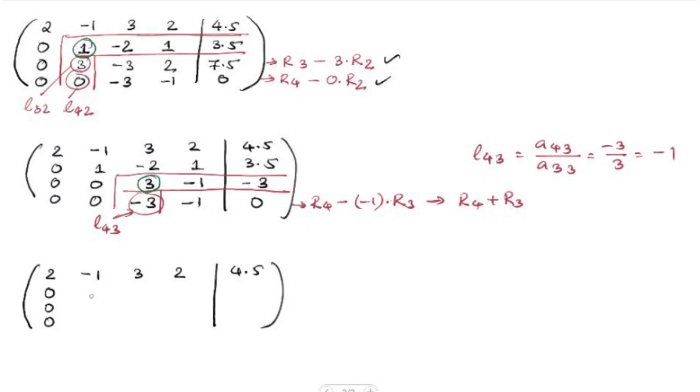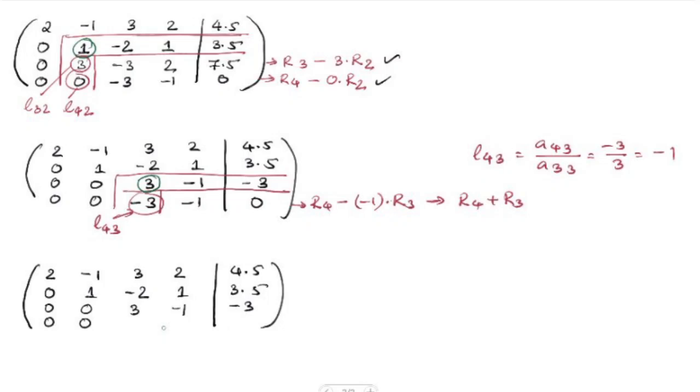Then here we have these also fixed, 1, minus 2, 1, 3.5. And then we have here 0, 0 fixed. And here now we fixed a new row, you can say, 3, minus 1 and minus 3.